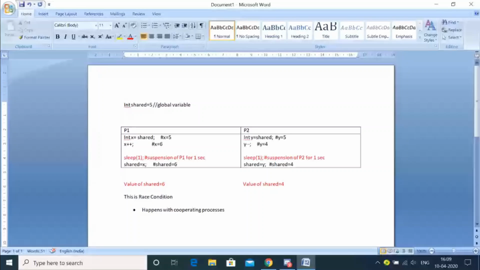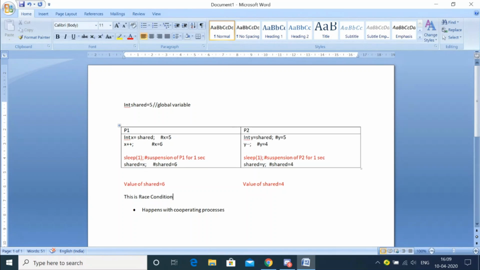Okay, so this basically happens only with cooperating processes. Why? Because there are certain things which are common. So here what was common? That shared variable was common. So whenever we are dealing with common things, whenever an update takes place, there may be an anomaly, like in this case. Okay, so if we execute such a program, we will see that in certain operating systems we get the value 4, in certain cases we get 6.